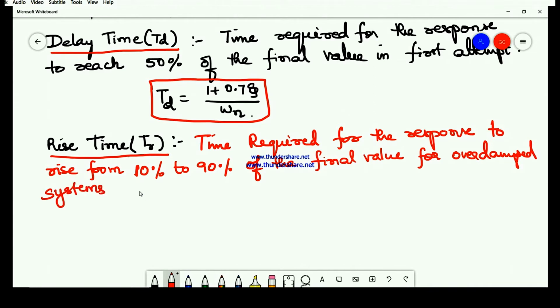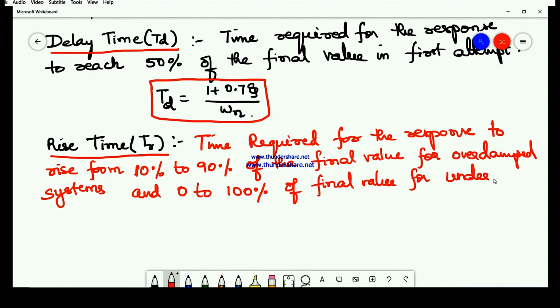In the same way, we can also say it is the time required for the response to rise from 0 to 100% of the final value for an underdamped system. This is the rise time that we normally see in time specifications.